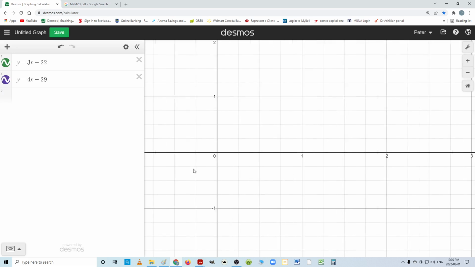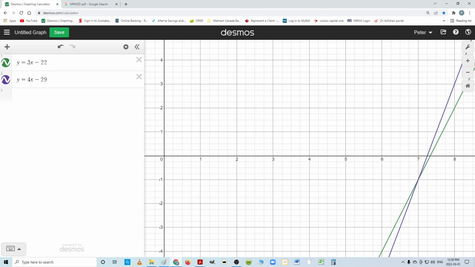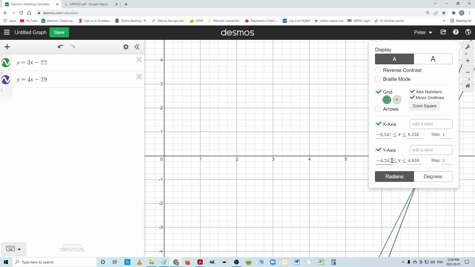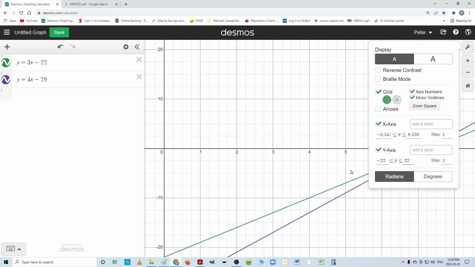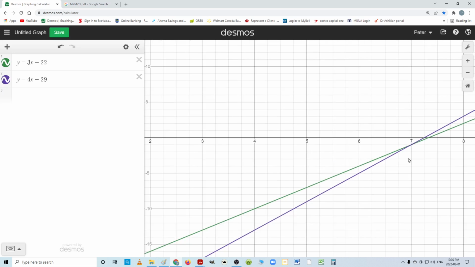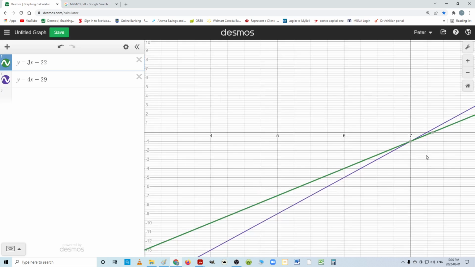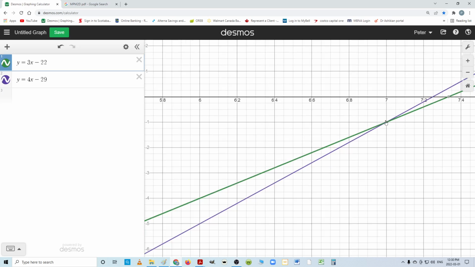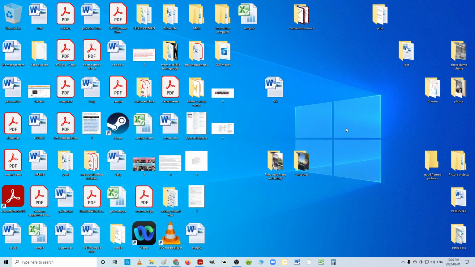Let's see if that did it. No, it's still a little bit scrunched. So I actually want to try minus 22 to 22. A little bit better. It's still tough to see. And you can always just zoom in, and the point that's highlighted will be where they meet. And lines can only meet at one point. All right, well, that's fair enough.